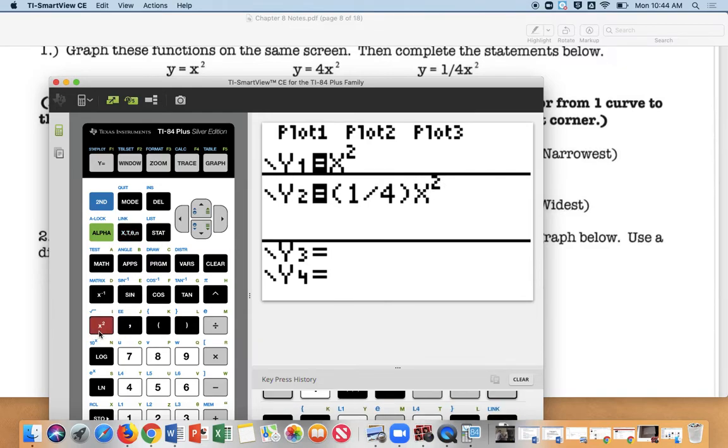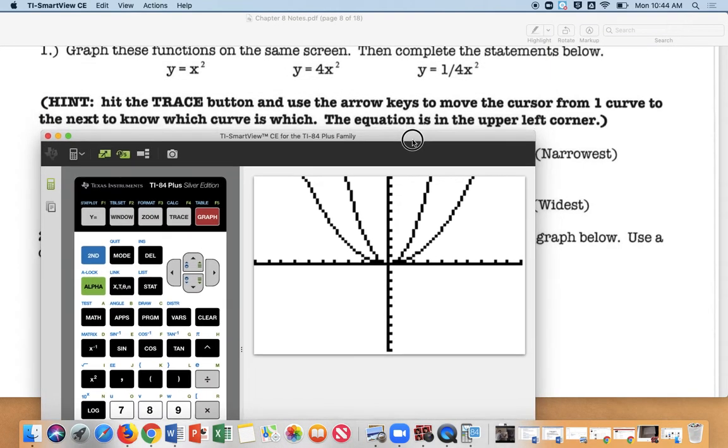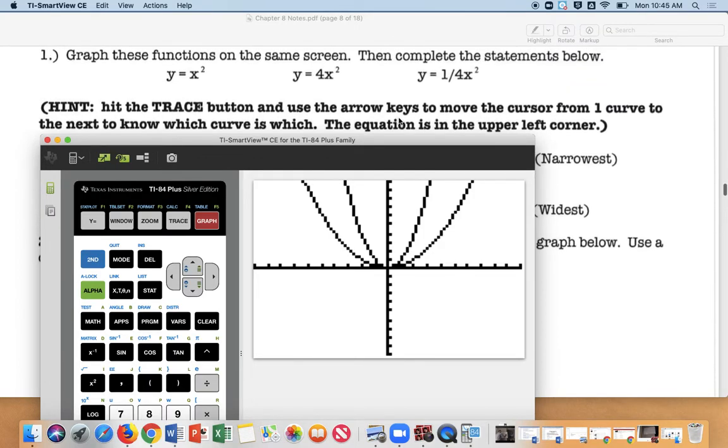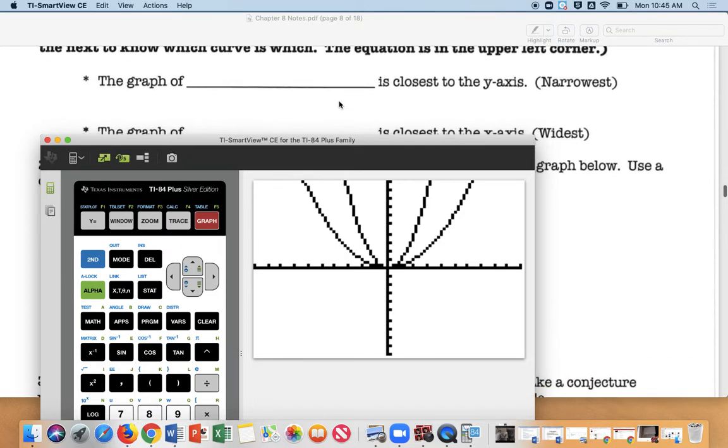I'm going to leave the x squared parent function in there just so we can see what happens. Here is the x squared, and here is the 1/4 x squared. Notice it is wider. So this number out in front controls the width of my function.